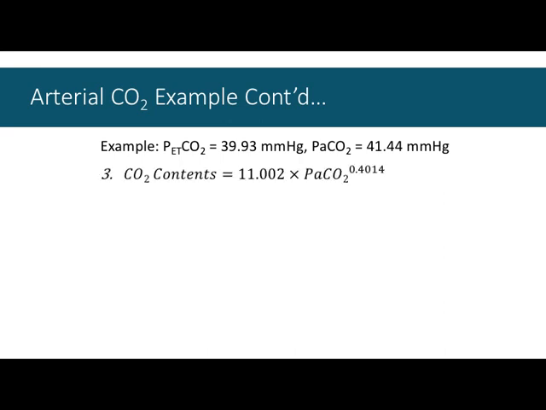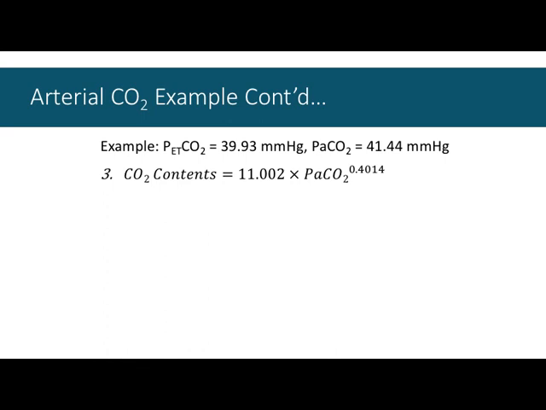And now I want to turn that into contents, because partial pressure is not a concentration, but we can describe concentration with that partial pressure number. And the equation is a standard equation that I presented in class on Thursday. This is just the relationship between pressure and contents. This is specific to CO2 and it's specific to blood.